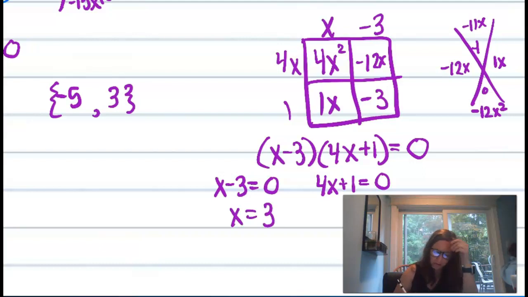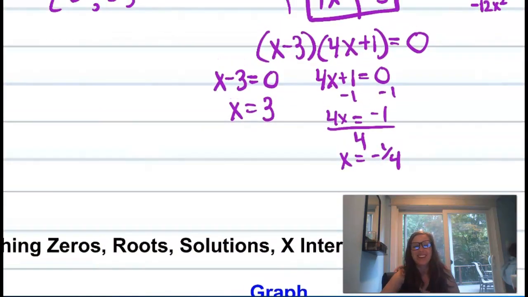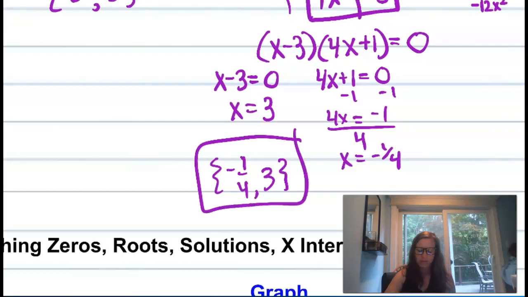And then minus 1 from both sides, and then divide everything by 4. Your two answers for that are 3 and negative 1/4. So again, when you write these, usually we write them least to greatest, so negative 1/4, comma 3. And that'd be your answer for that one.